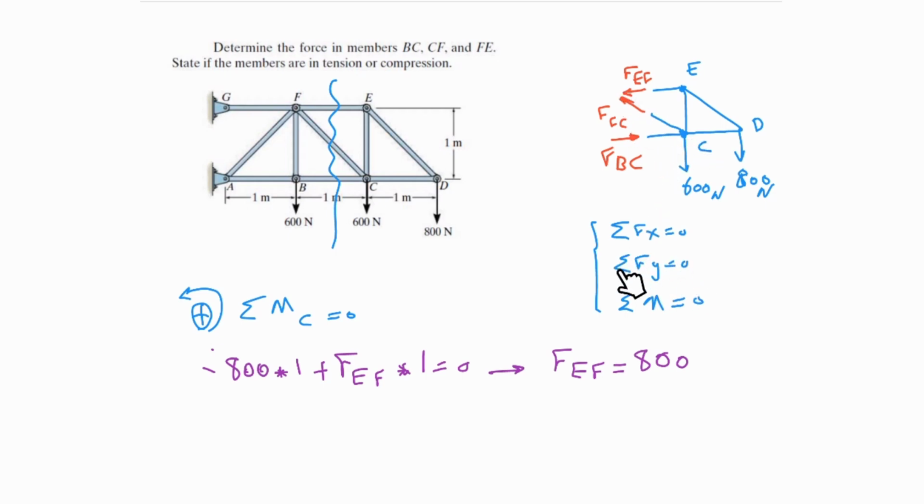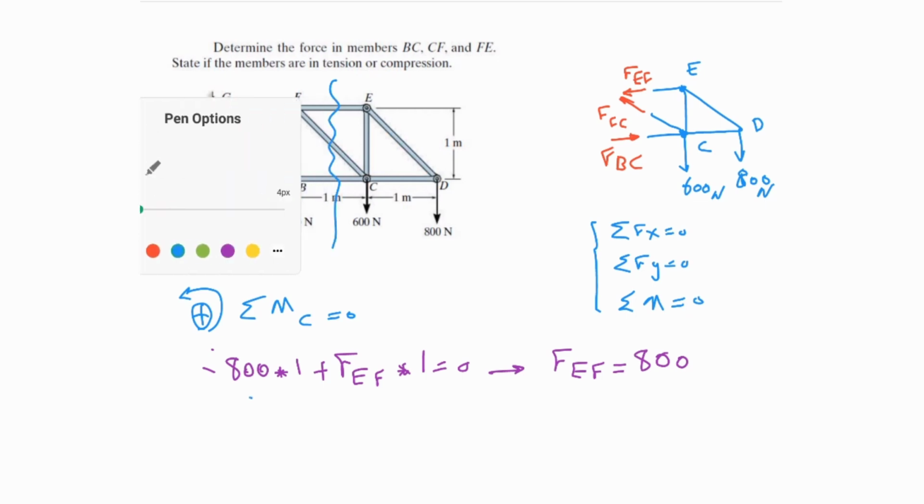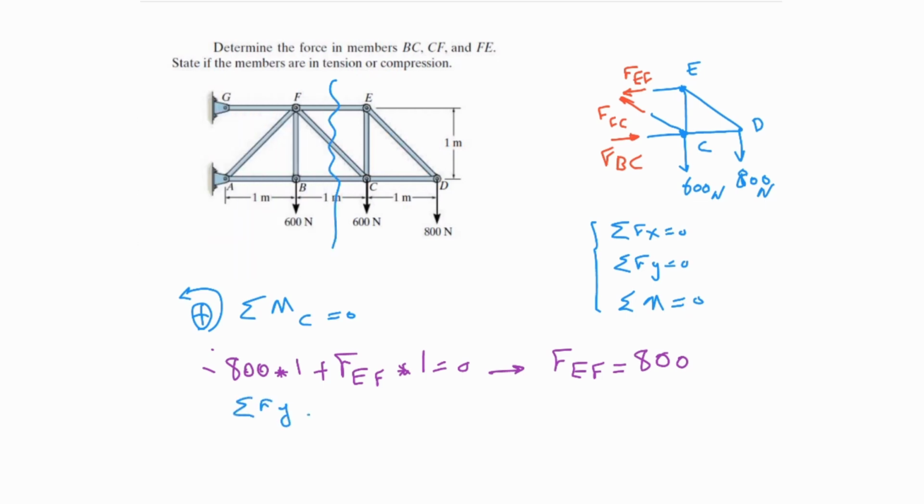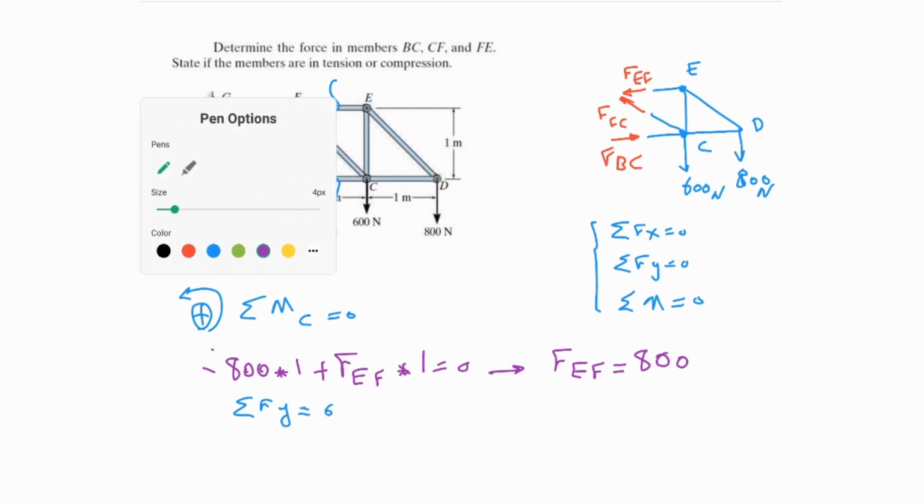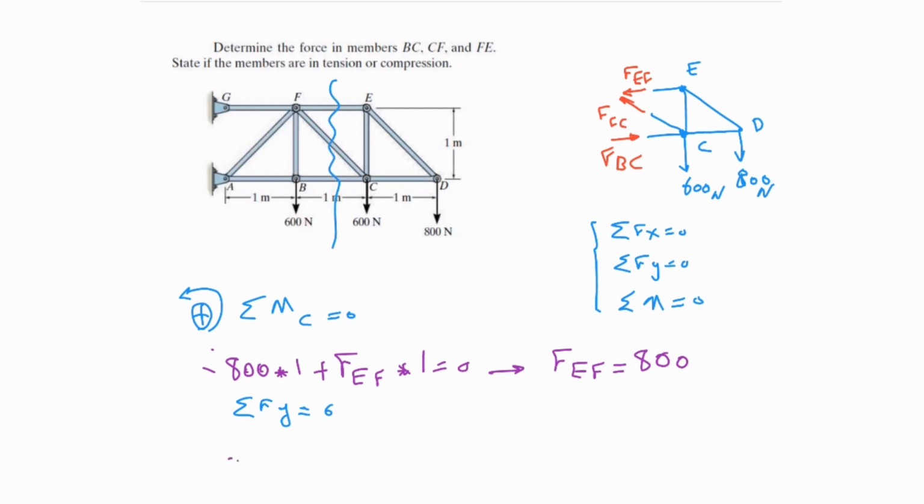If I look at this one, I prefer to start with sigma fy. And why is that? Because I have two known forces in that direction. These guys are not contributing in that direction, and the only force which is contributing in that direction is FC, meaning that I can do sigma fy equal to 0 and find the equations like this.